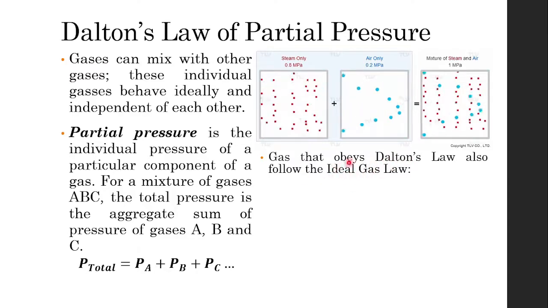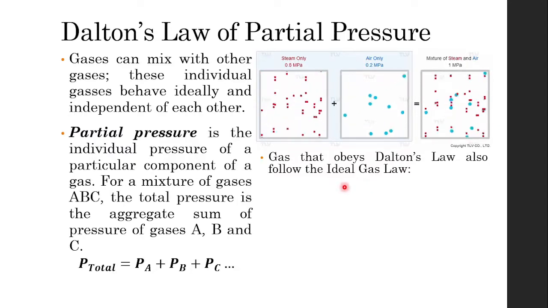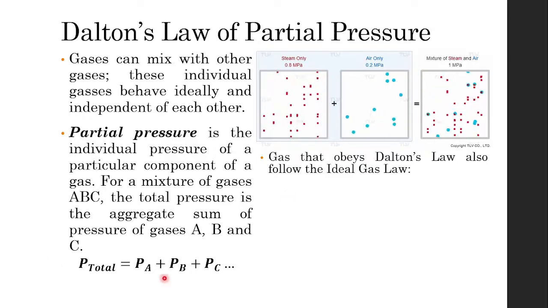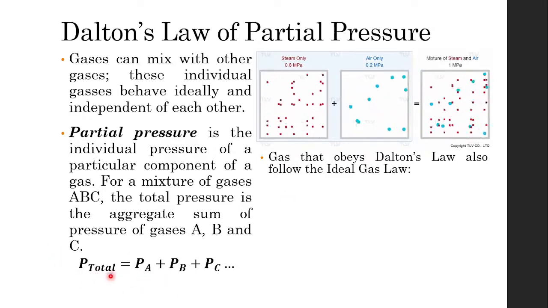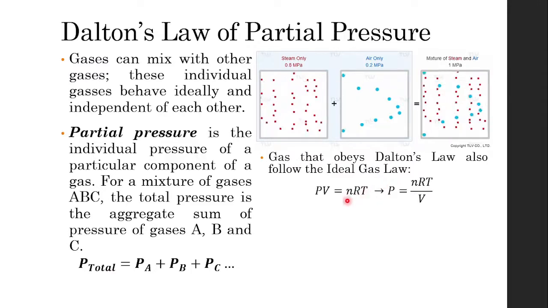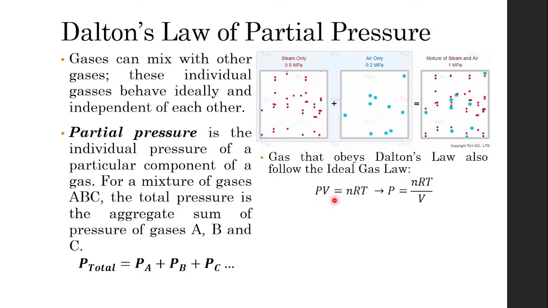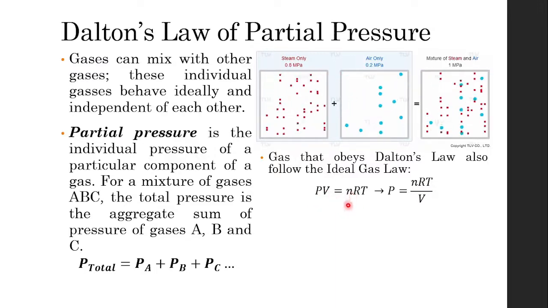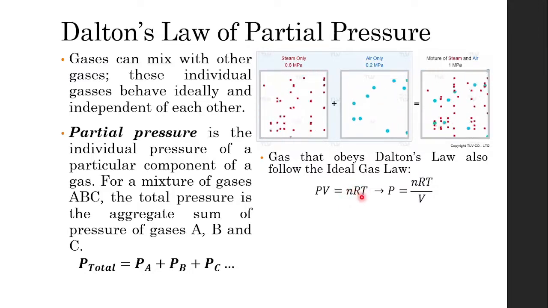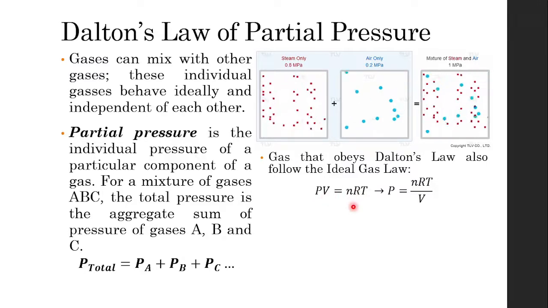Now, having said that, the partial pressure also has to follow the ideal gas law. So when a mixture of gas obeys Dalton's law, it also has to follow the ideal gas law, meaning the gases have to behave ideally, which means we can use our equation of partial pressure to relate it to the ideal gas law. If you remember, the equation for the ideal gas law is pressure multiplied by volume is equal to the number of moles of gas multiplied by the R constant multiplied by the temperature of the gas, or PV equals nRT.